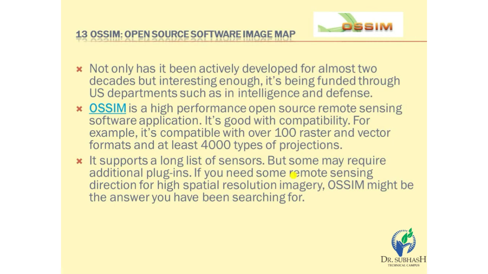For example, it is compatible with over 100 raster and vector formats and at least 4,000 types of projections. It supports a long list of sensors, but some may require additional plugins. If you need some remote sensing direction for high spatial resolution imagery, OSSIM might be the answer you have been searching for.